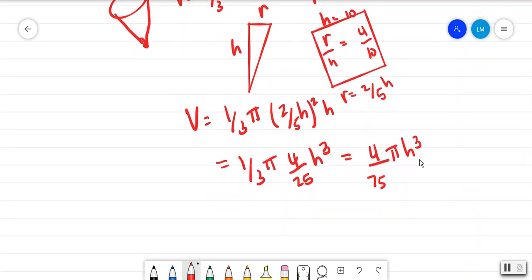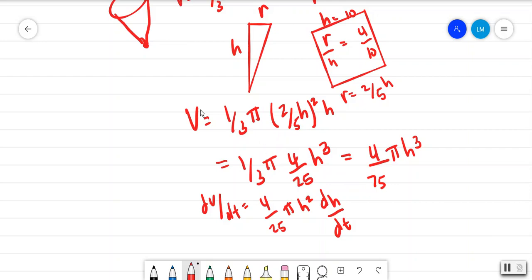In this case, if you did take the derivative, you would have that dV/dt is equal to 4/25 pi h squared times dh/dt. And then from there, you're just plugging in whatever h is and whatever dh/dt is.